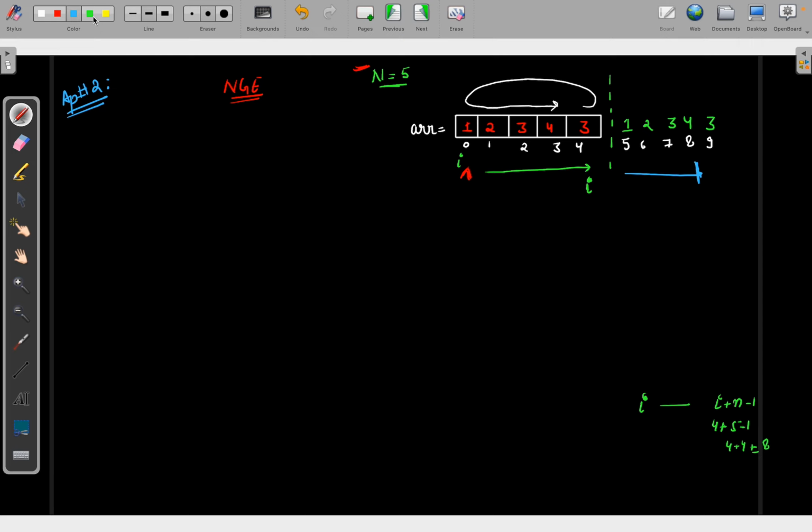Okay, suppose my I is here. So what I will do, I will traverse from here till here. So in this case, we don't need to again start one loop that is starting from 0. Okay, we will find it here as well. Now basically how will we find it?